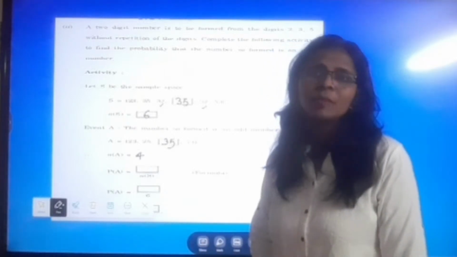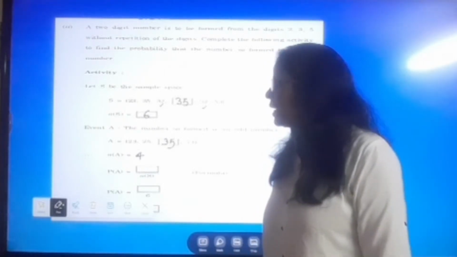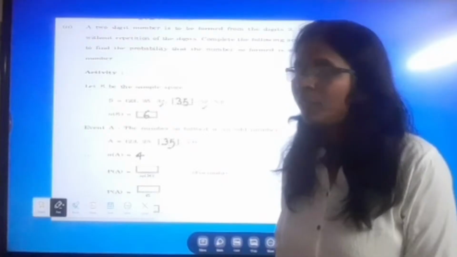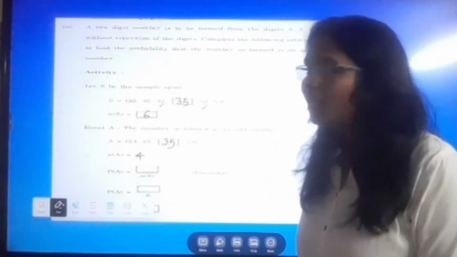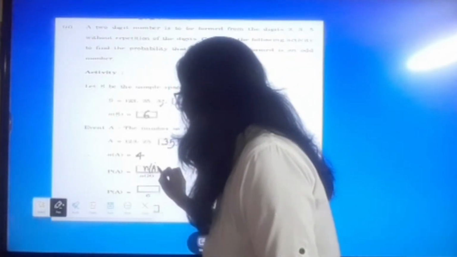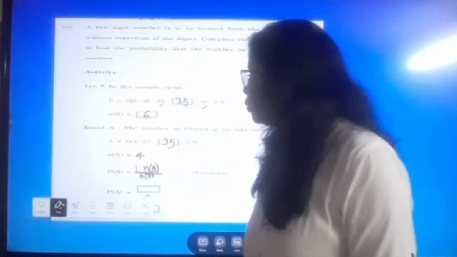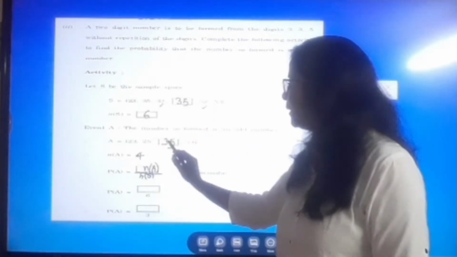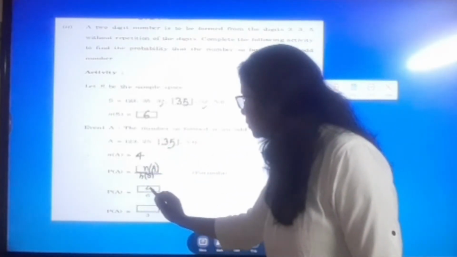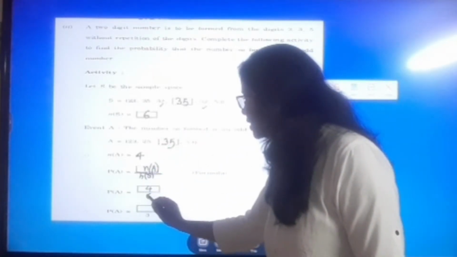Now, how can we find P(A)? The formula is P(A) = n(A) upon n(S). Now put the values: n(A) is 4 and n(S) is 6, so 4 upon 6.